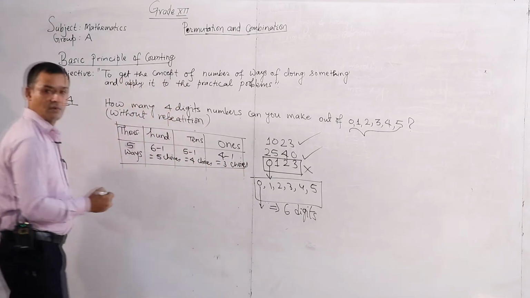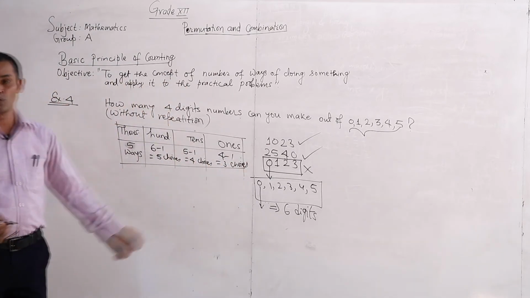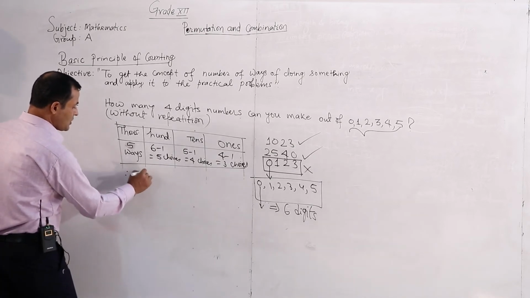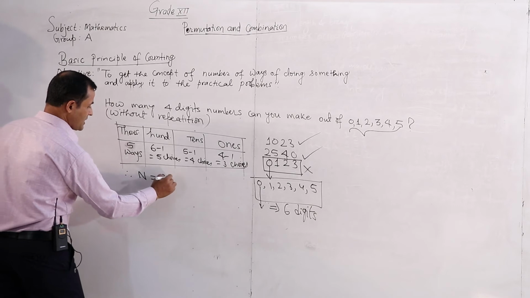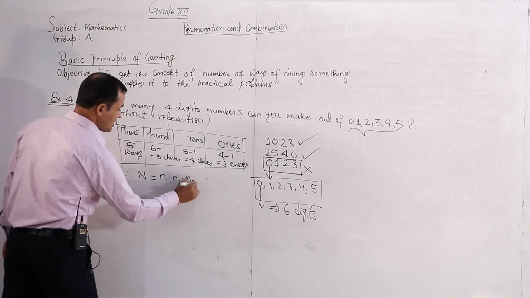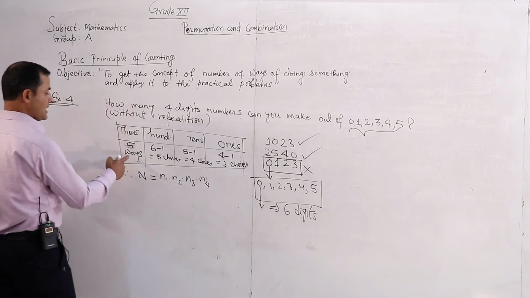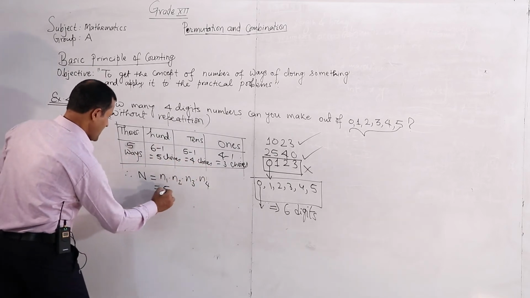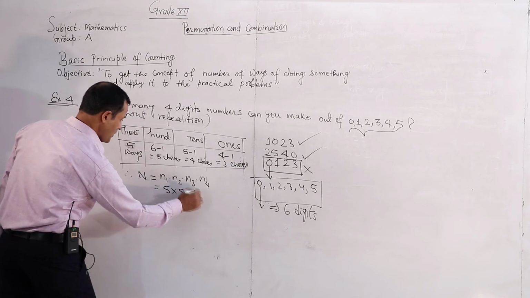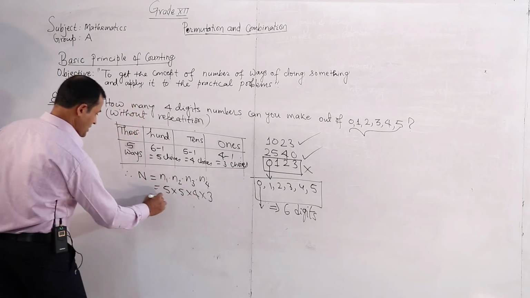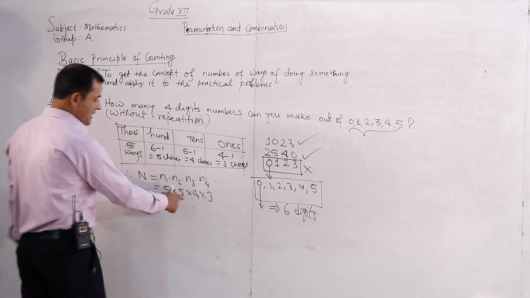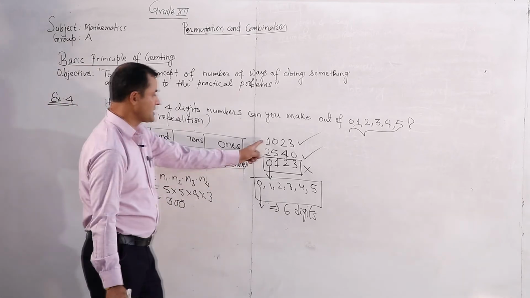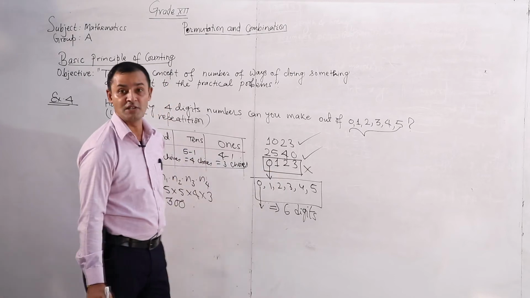Now multiply these choices to get the total number of ways, the required answer. Therefore, total number of ways equals n1 into n2 into n3 into n4. So 5 into 5 into 4 into 3, which is 25, 4 is 100, 300. 300 such 4-digit numbers can be made.